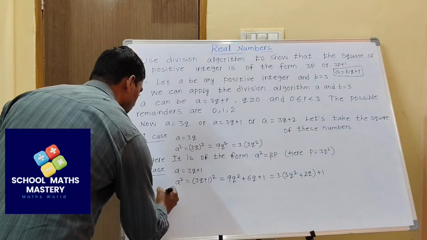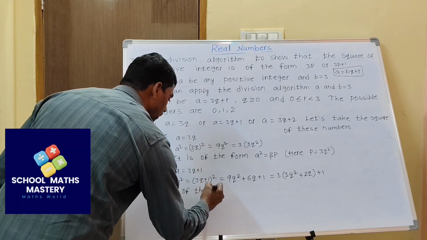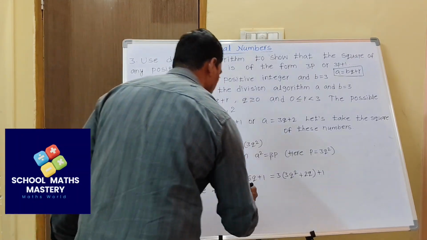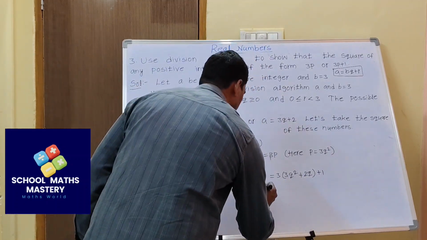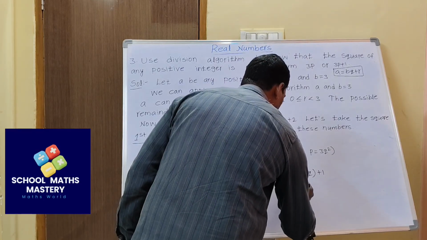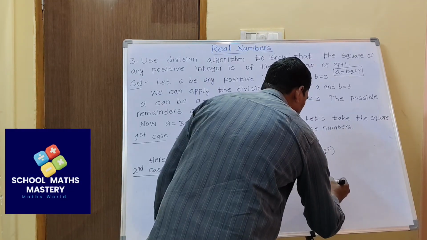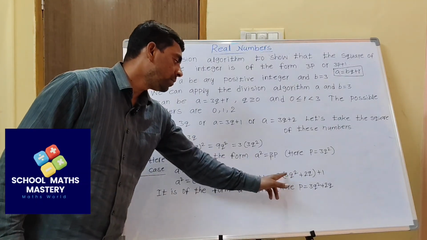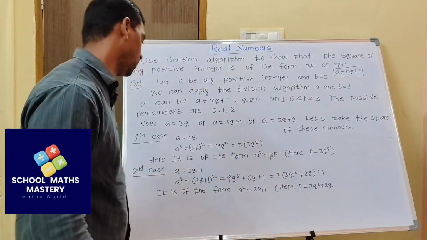It is of the form a square equals 3p plus 1. So here p equals 3q square plus 2q.